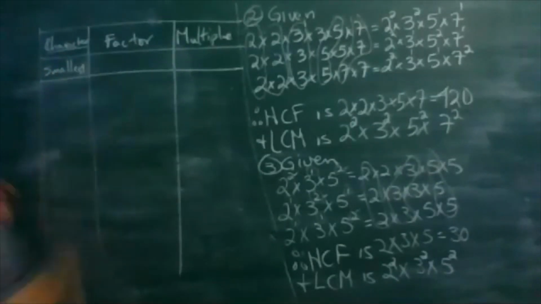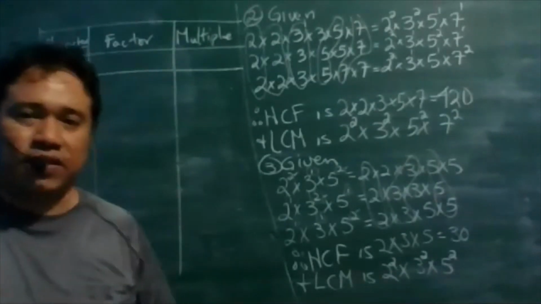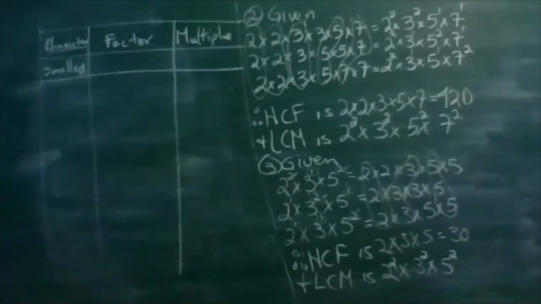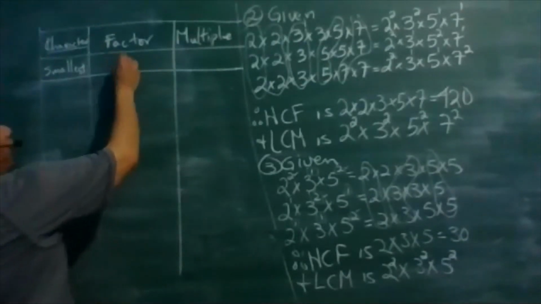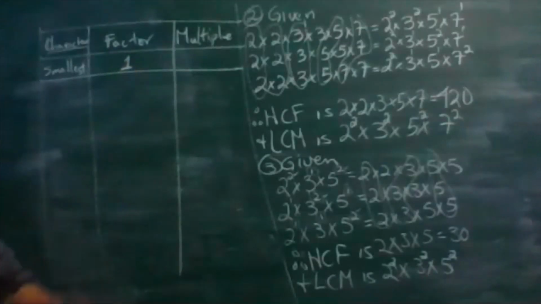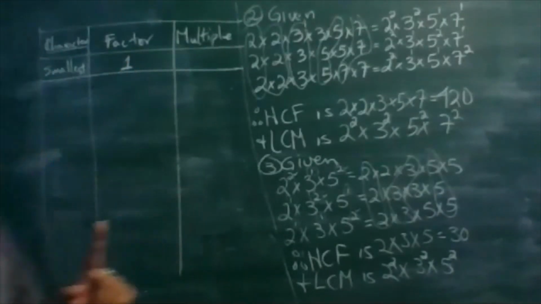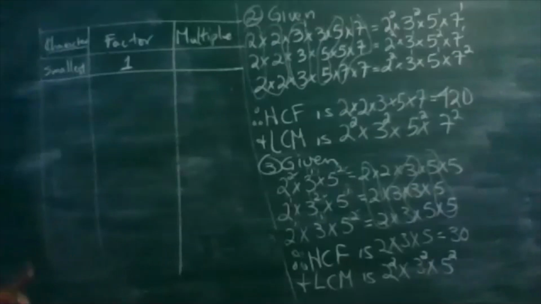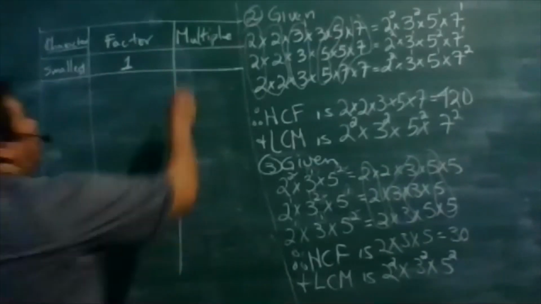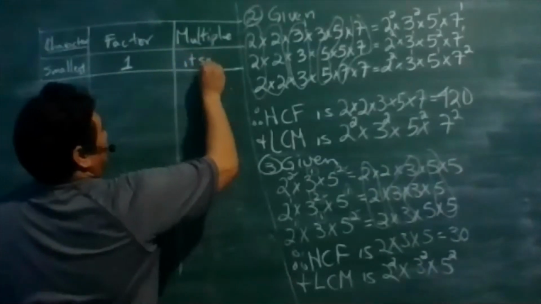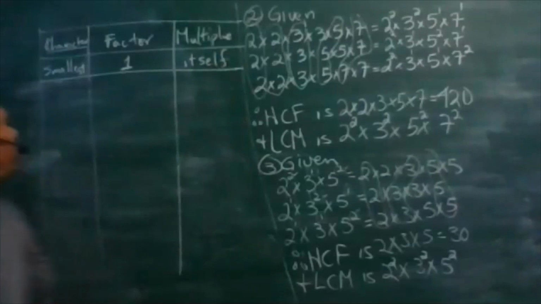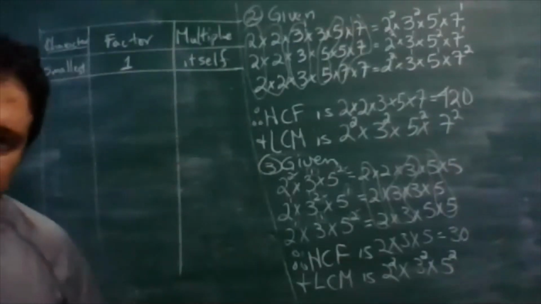In the case of a factor, the smallest factor of any number is always 1. The smallest multiple of any number is always itself. Okay?